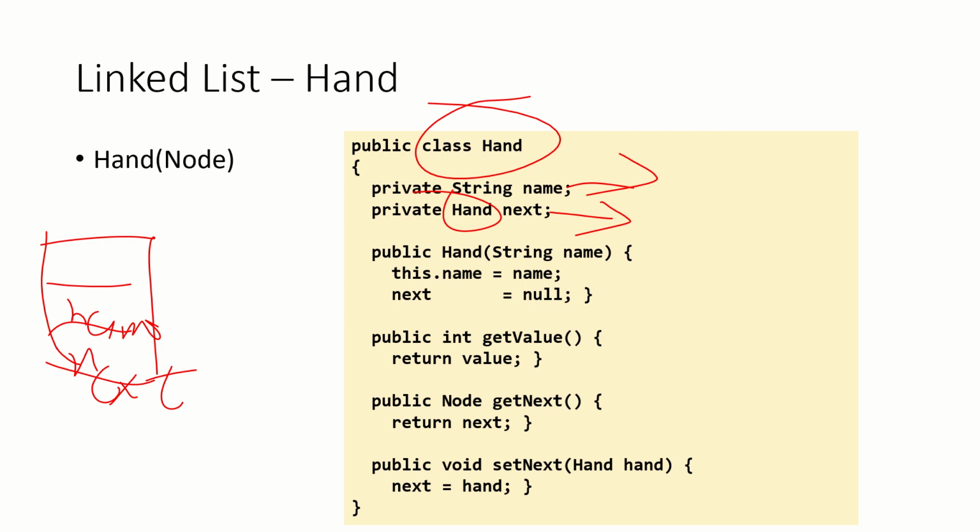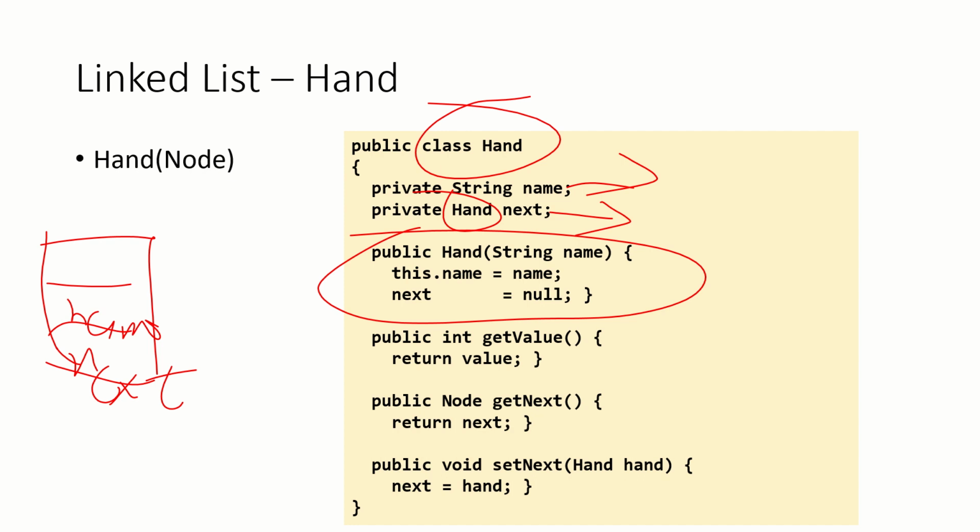Hand, right? It's hand itself. Because this one will refer to a hand, right? Instead of name, right? Okay, once you know that, we have a constructor.